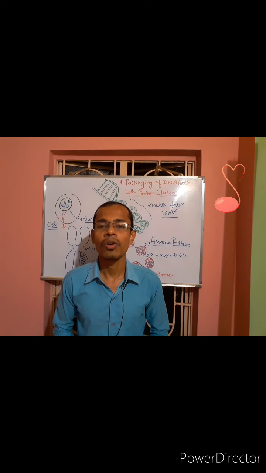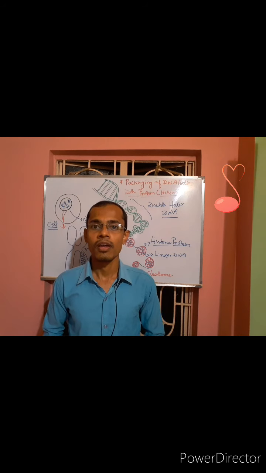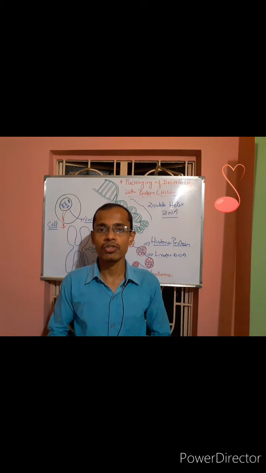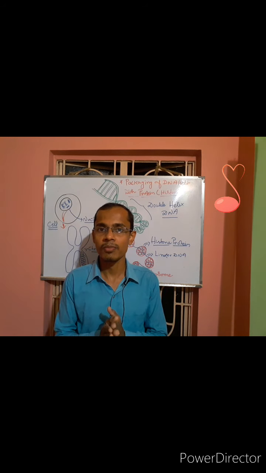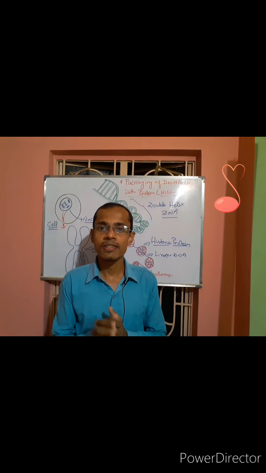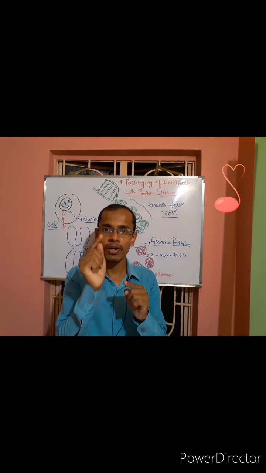And the third question is, why is the DNA showing anti-parallel manner all the time? Why anti-parallel? Because if you see the structure of pentose sugar, there are 5 carbons, 1, 2, 3, 4, 5. So there is always a tendency for each nitrogen base to connect with the number 1 carbon. Okay, so this is the pentose sugar structure. This is the number 1 carbon.